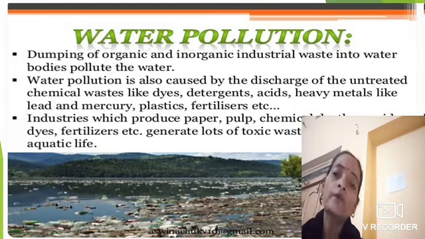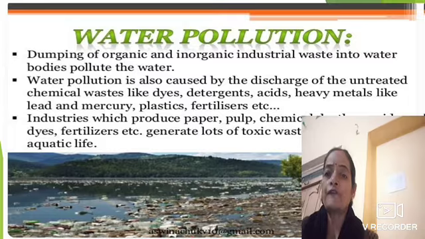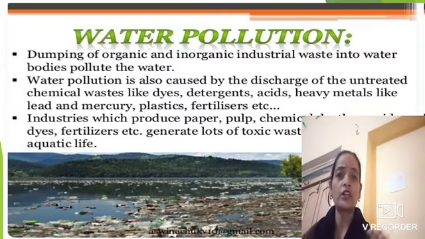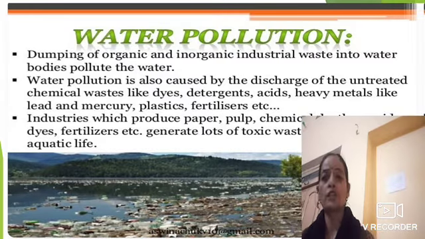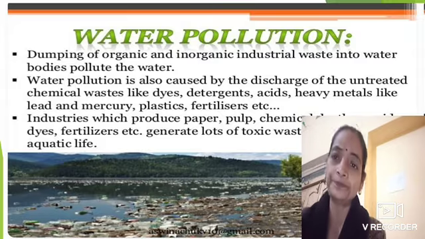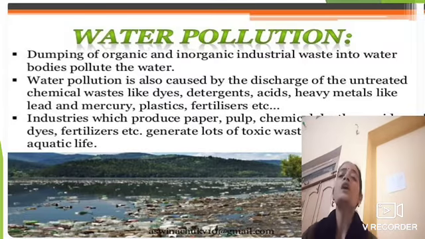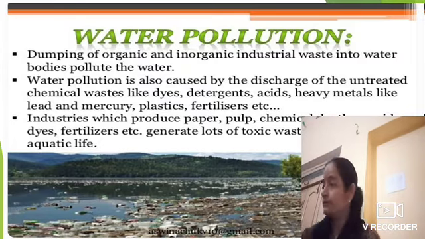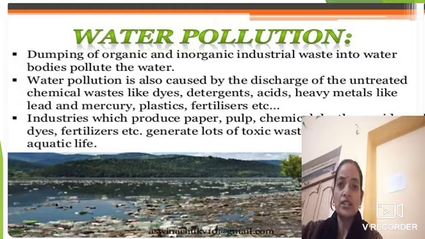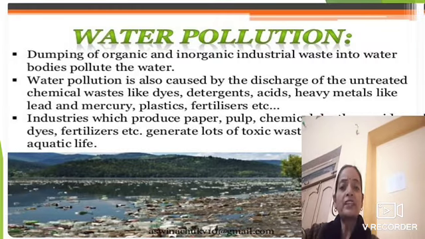The next pollution is water pollution. Dumping of organic and inorganic industrial waste into water bodies pollutes the water. All of the industrial waste they dump into the earth's crust pollutes the water of the earth, including underground water.